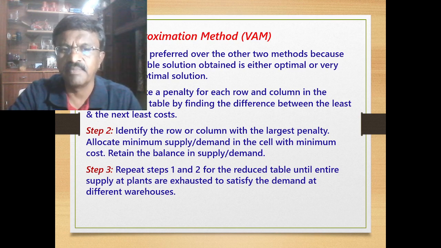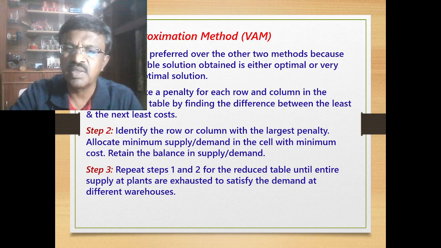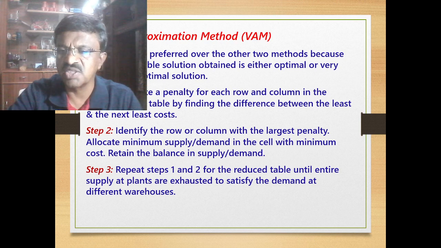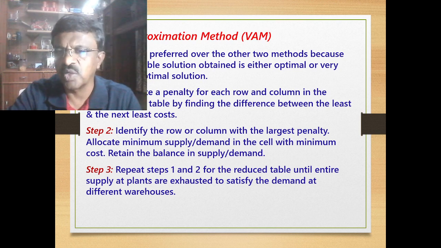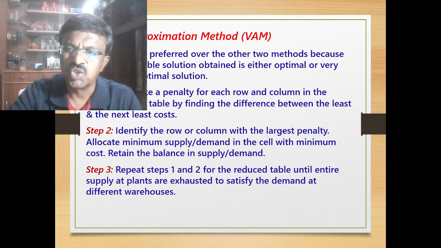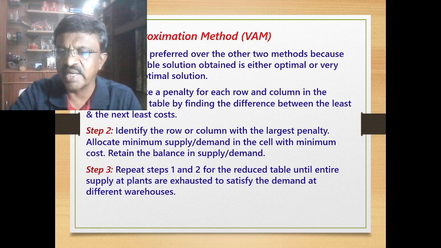Suppose for example, second row is selected. In the second row, the supply is 200 for a particular cell, say the first cell in the second row. Down in that column, we have a demand, say for example 300. Supply is 200, demand is 300. So the supply will be fully exhausted and we can cancel it out.